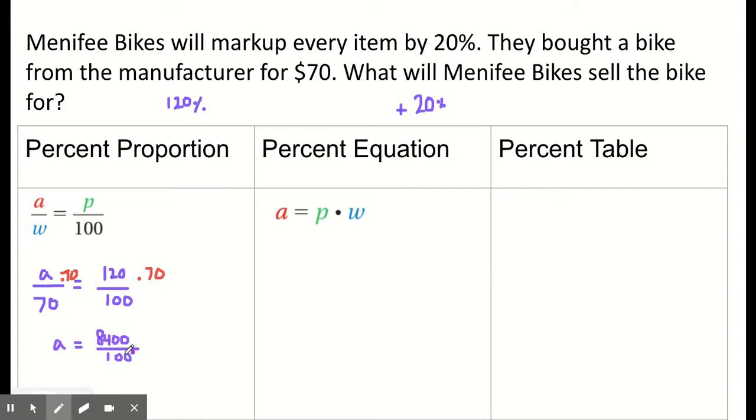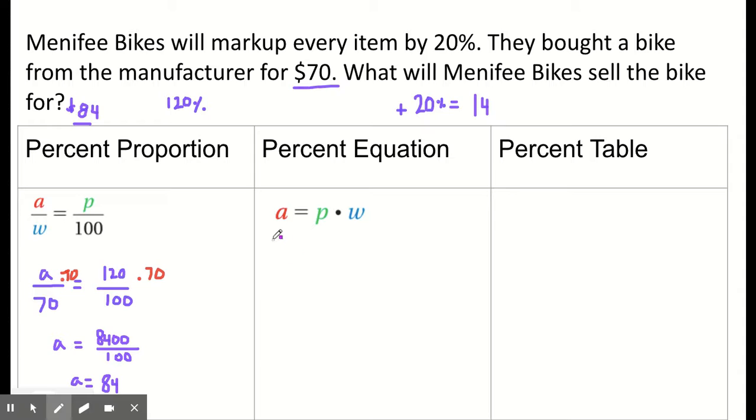So if I simplify that, we know that A will equal 84. So they're going to sell the bike for $84, which tells me that they went from 70 to 84. They added $14. So the 20% is equal to $14. But the question was, how much are they going to sell the bike for, not how much money are they going to mark it up.